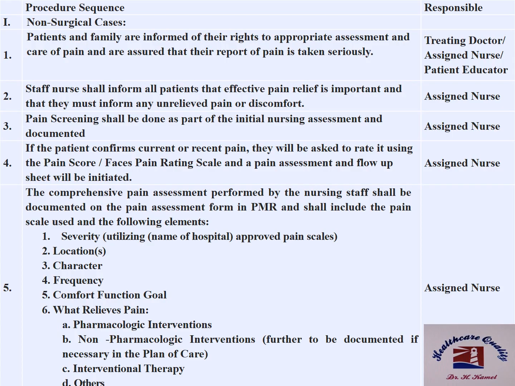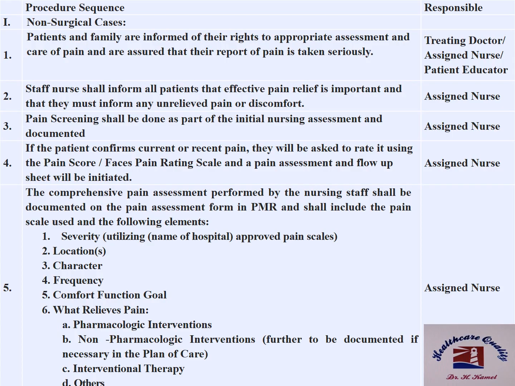Number three, pain screening shall be done as part of the initial nursing assessment and documented. Number four, if the patient confirms current or recent pain, they will be asked to rate it using the pain score, FACES pain rating scale, and a pain assessment and follow-up sheet will be initiated by the assigned nurse.